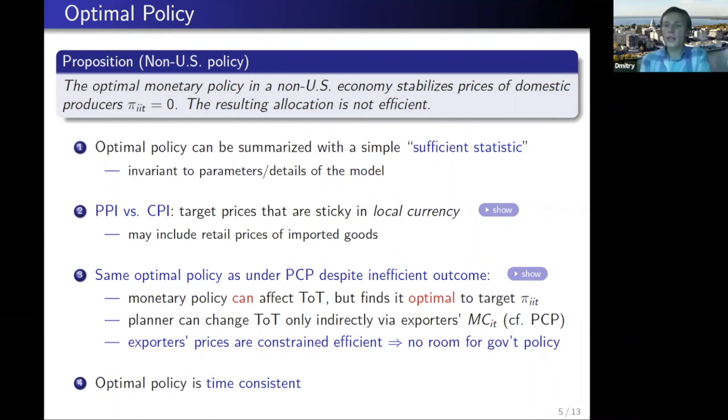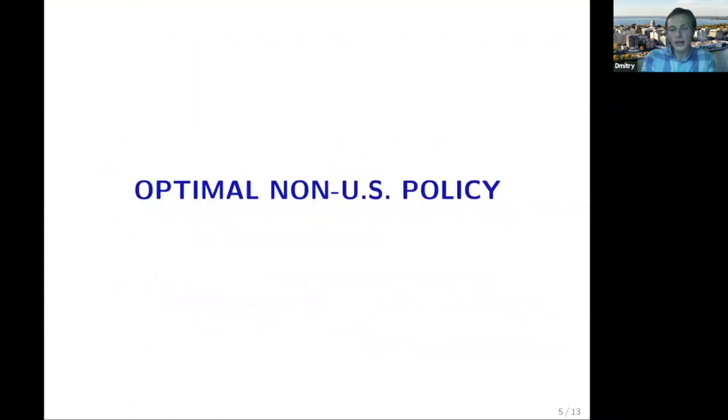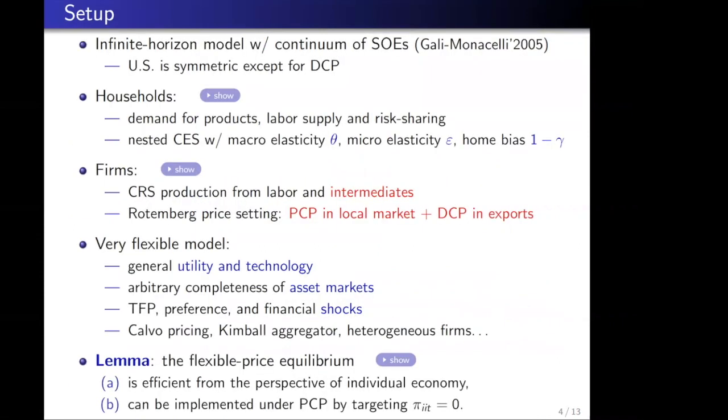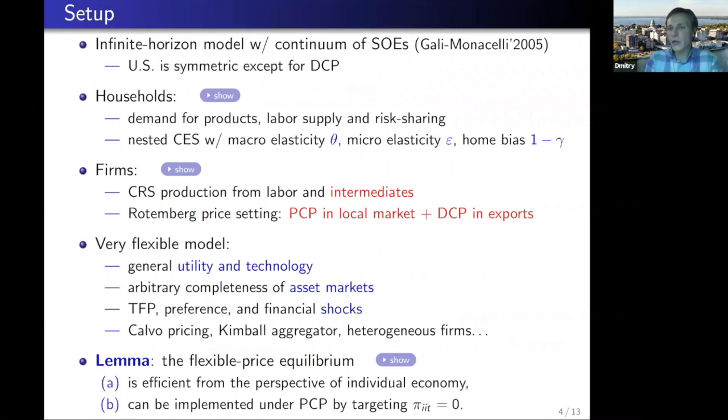Yeah, that's a perfect question. This is a relatively short presentation, so I didn't have time to show all the small details, but that's exactly something we wanted to abstract from. The two key assumptions that underlie our result about optimality of the flexible price equilibrium are, as I said, the exogenous structure of the asset markets, and the second one, that the export prices are efficient.